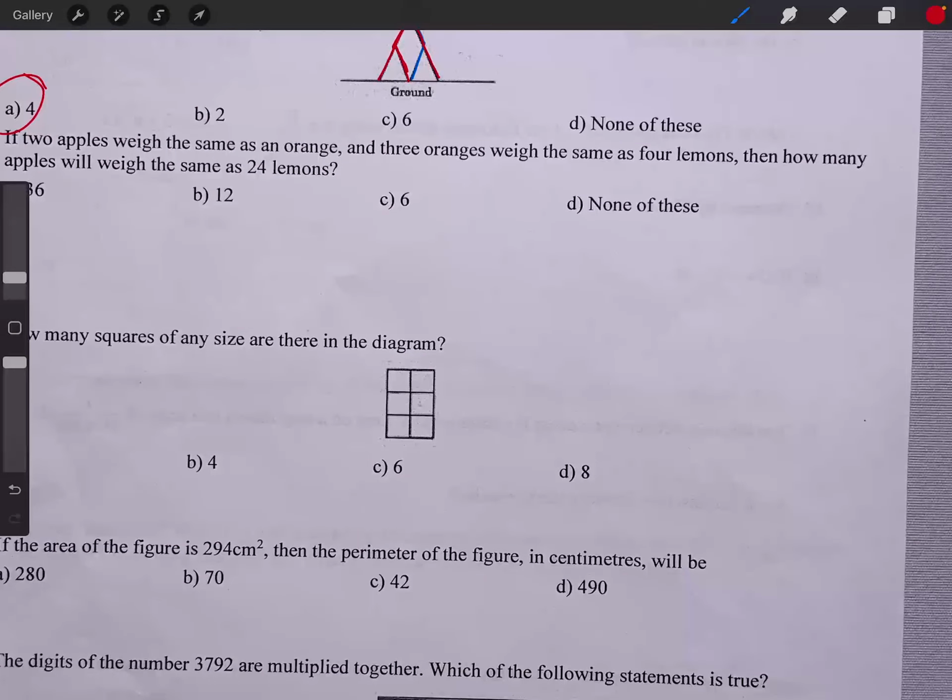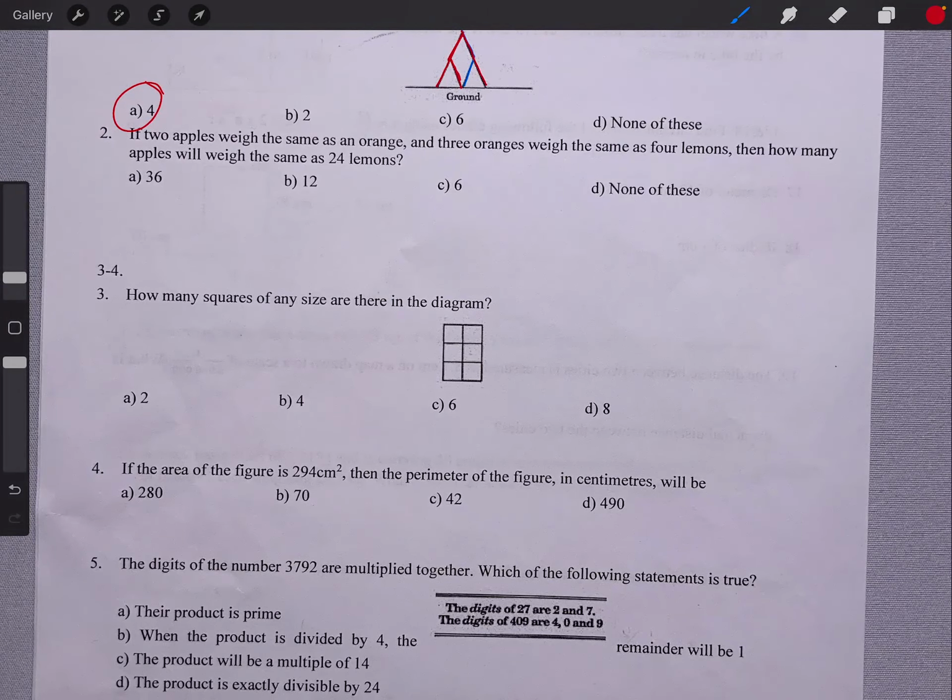If 2 apples weigh the same as an orange and 3 oranges weigh the same as 4 melons, then how many apples will weigh the same as 24 melons? So let's think of it like apples, then you've got orange, and then you've got lemons.